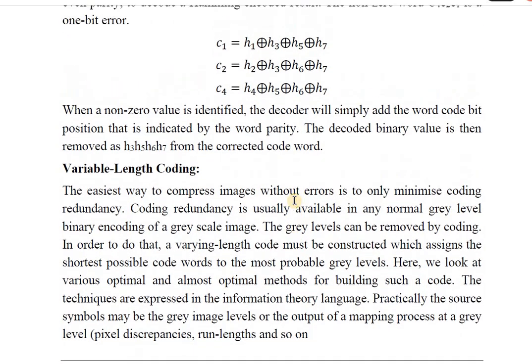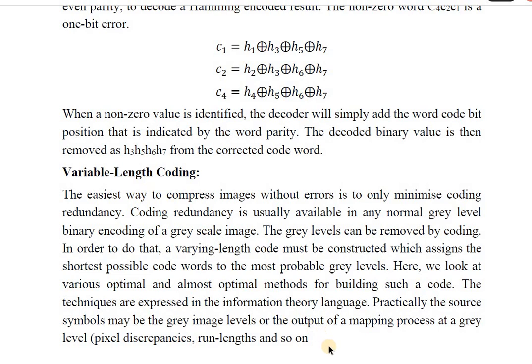Now I have already explained this to you in short, but I'll explain it again. What is variable length coding? Usually we say that it is an 8-bit number, a 16-bit number, a 32-bit number. We assign the same length of codes to all our data. So here we try to reduce the coding redundancy.